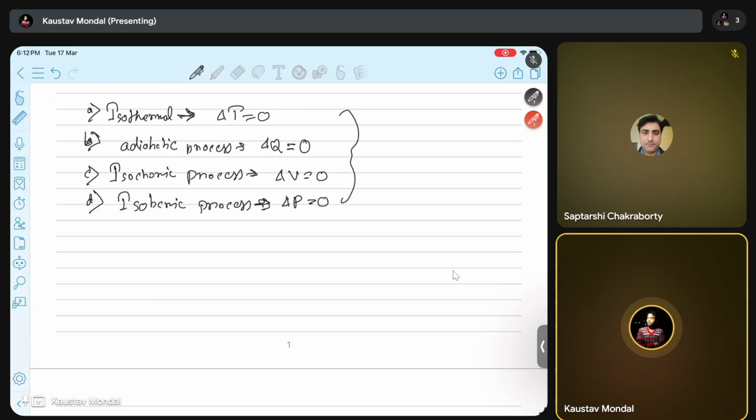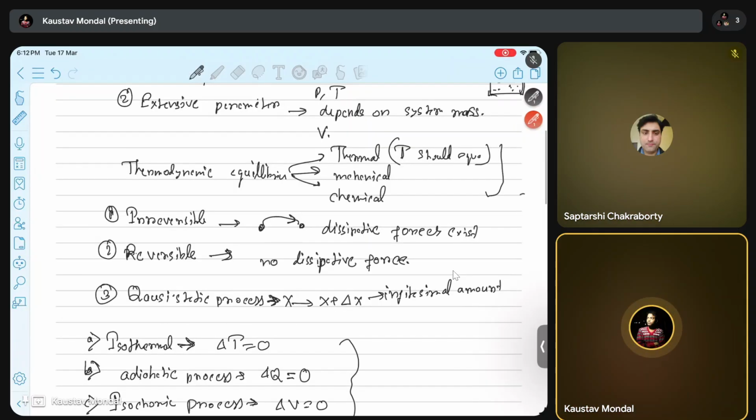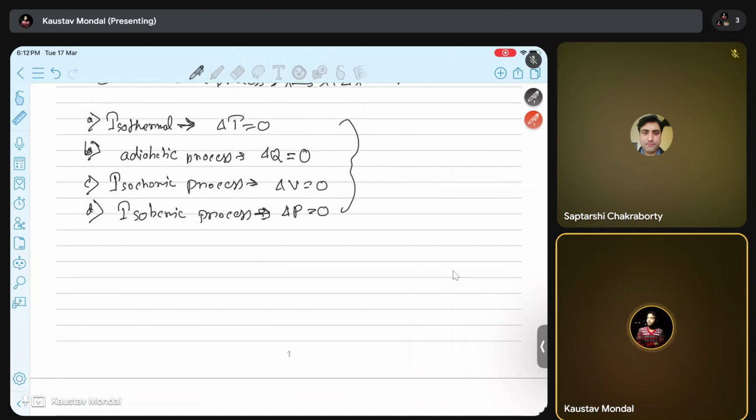So these are basically four very important thermodynamic processes. For each type of process you have to know what things are kept constant. In order to solve problems, the problems actually mention what type of process we are dealing with, so by that name you have to figure out which thermodynamic variable is constant for the process.